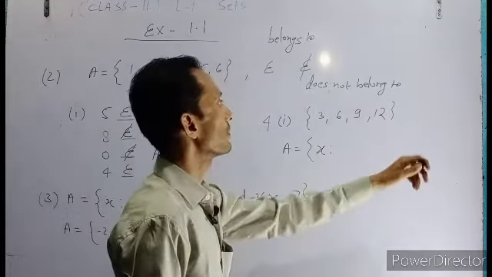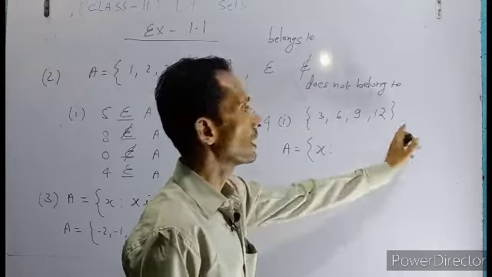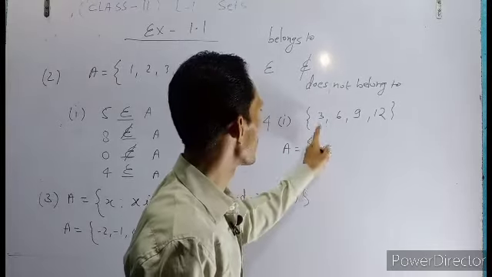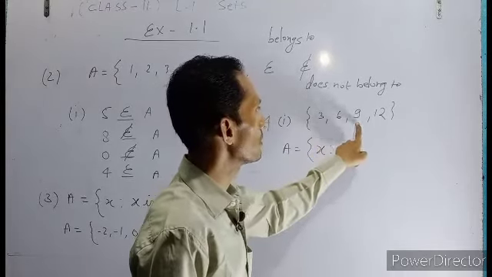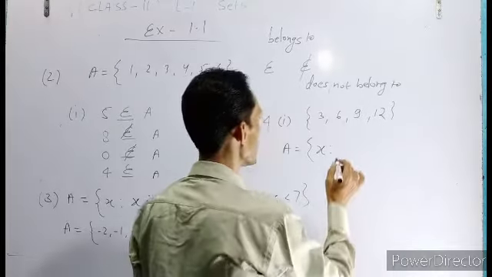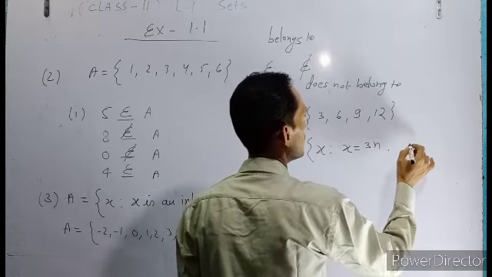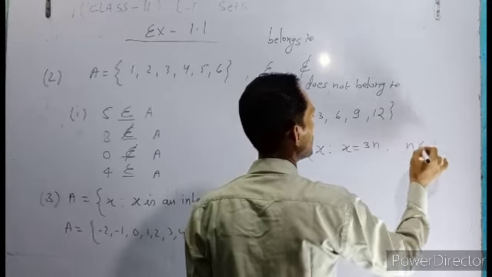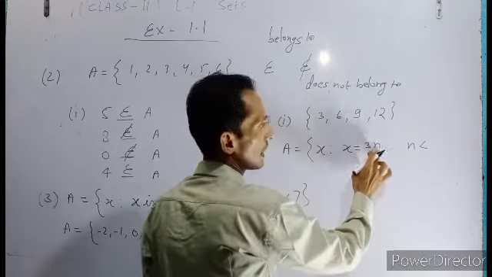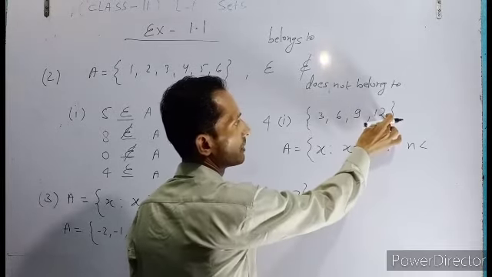What is the common property of all of these? All are multiples of 3: the first multiple, second multiple, third multiple, fourth multiple. So x equals 3n, where the highest value is 12, the fourth multiple.